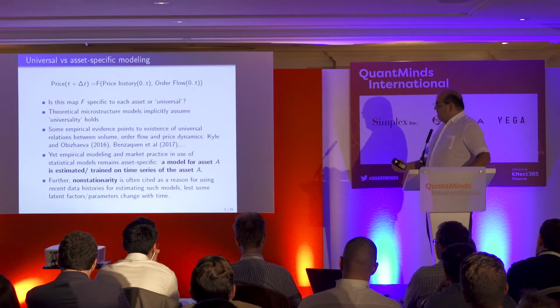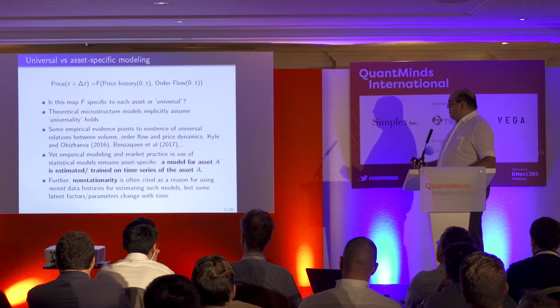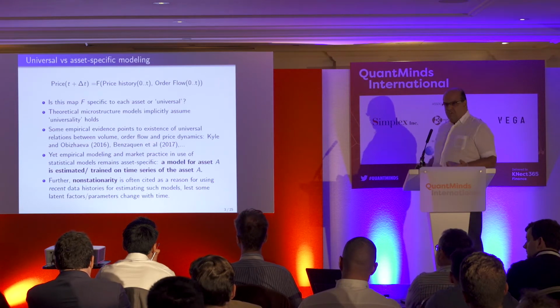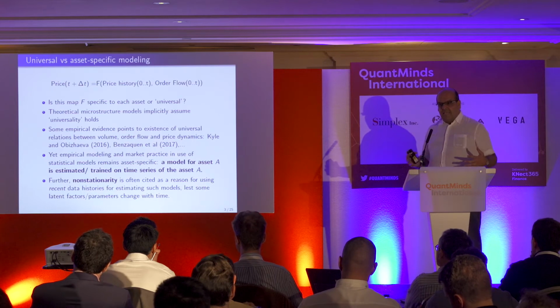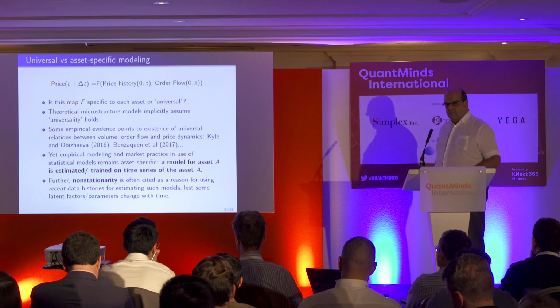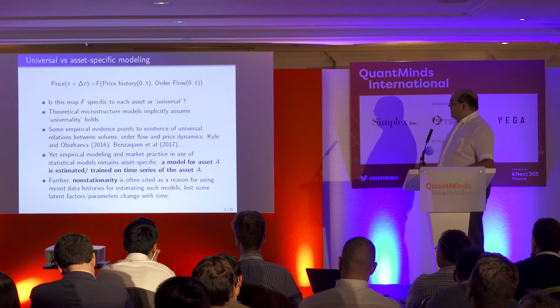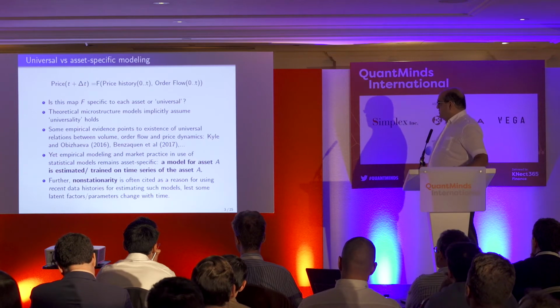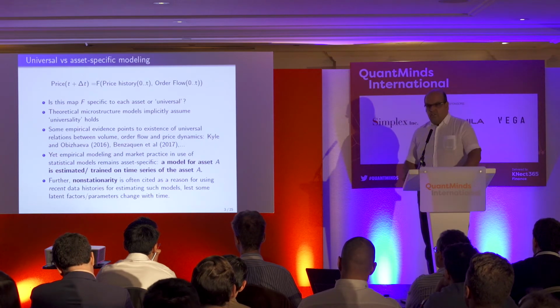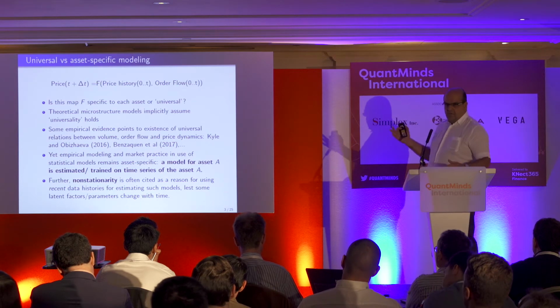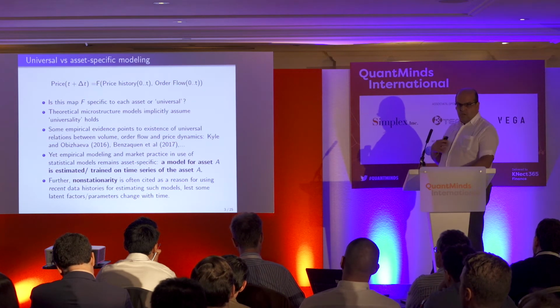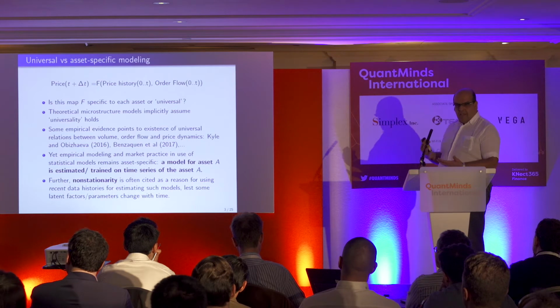On the other hand, there is a lot of empirical literature suggesting there are lots of universal relations that are the same across different stocks and markets and time periods. Here I cite some studies related to scaling, but there are a lot of these studies pointing to a lot of universal features. So how universal is it?